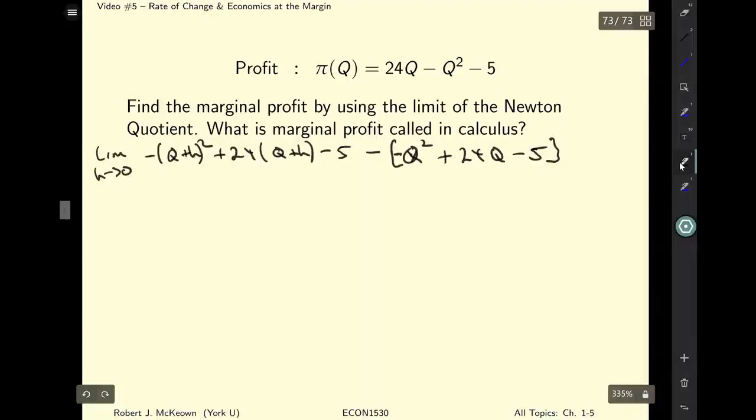And this whole thing is going to be divided by h.